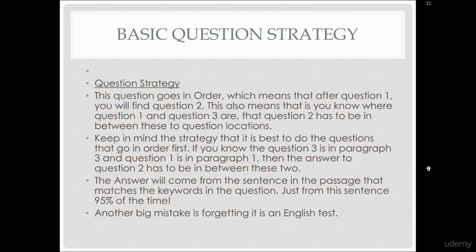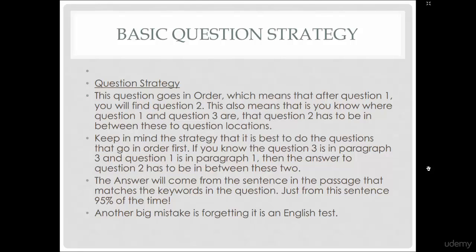So, as I said earlier, with the short answer question, the questions will go in order. That means that after number 14, you'll find number 15, and after that, you'll find number 16. All right, so it's very, very important that when you have a reading passage, the first thing you do is you look and see, well, what kind of questions do I have? Normally, you're going to have 2 or 3 different types of questions. Normally, it's 3. Like you might have a yes, no, not given question, a short answer question type, and also a paragraph location question.